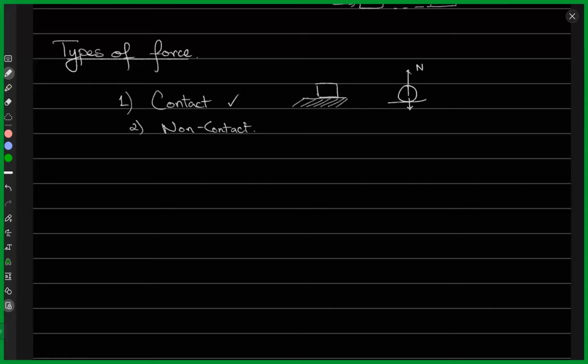So that's a normal reaction force, and we'll discuss those. Can you give me any other example of contact forces? Anyone? A book sitting on the ground. Right. Exactly. So that's an example of a normal contact force.